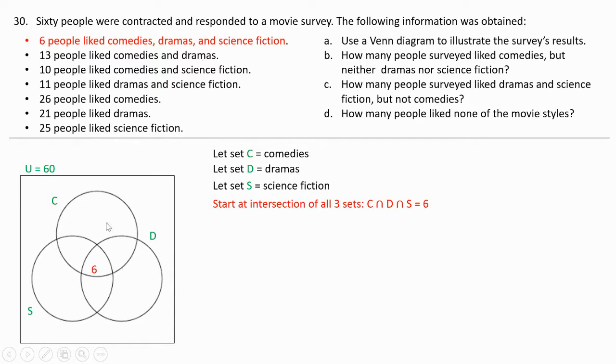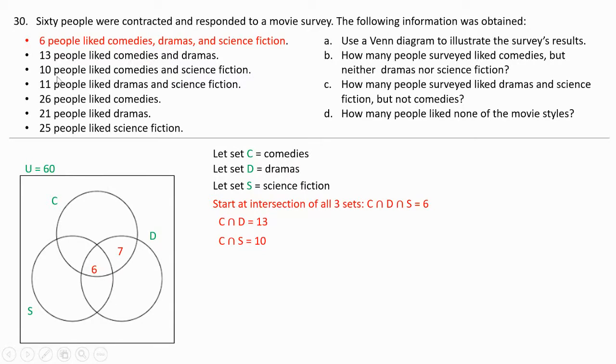So comedies and dramas is this part here. Comedies and dramas is 13, so all of this has to be 13, and that's already 6, so this has to be 7, because 7 plus 6 is 13. That's why you always start where all 3 intersect and work your way out.